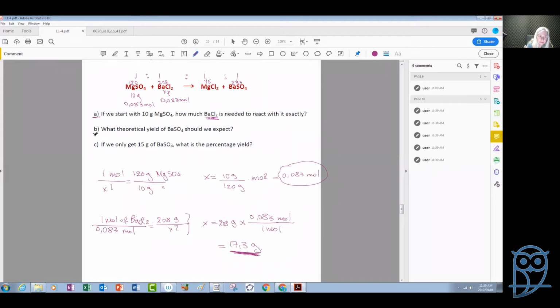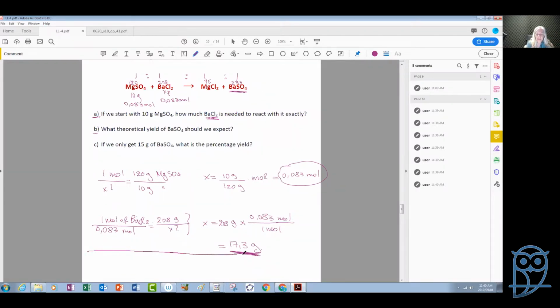The next question says, what theoretical yield of barium sulfate should we expect? How much, in theory, if we start with these quantities of magnesium sulfate and we also found the quantity of barium chloride necessary, how many grams of barium sulfate would we expect in theory?